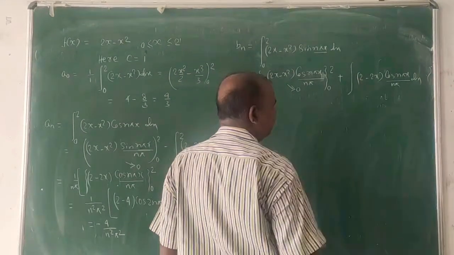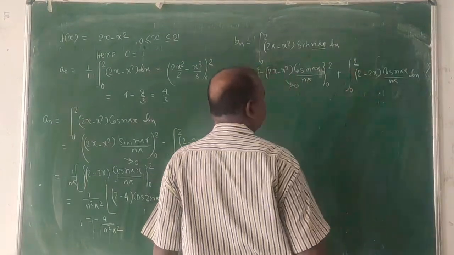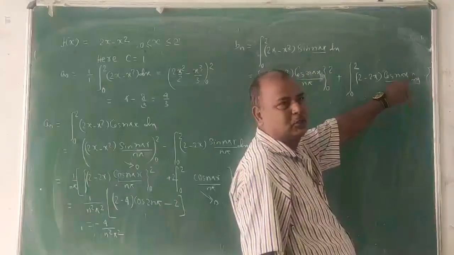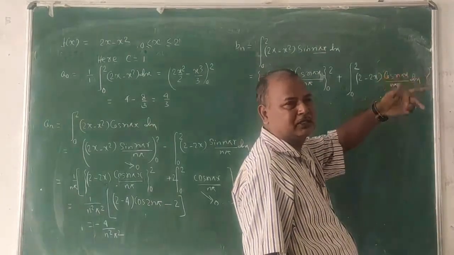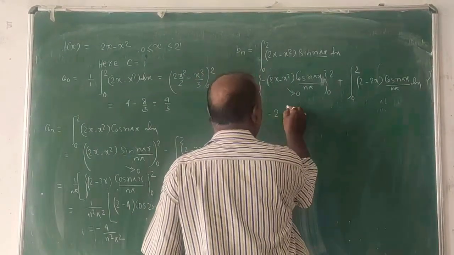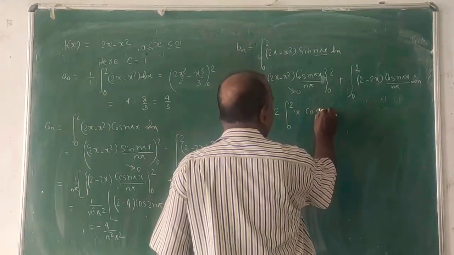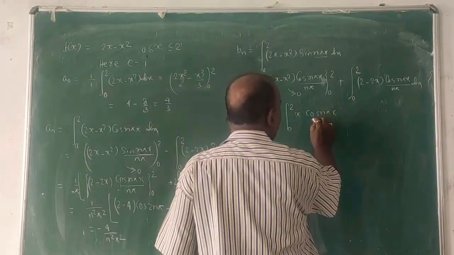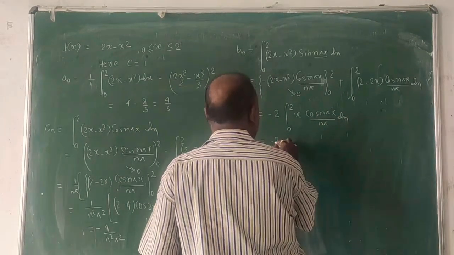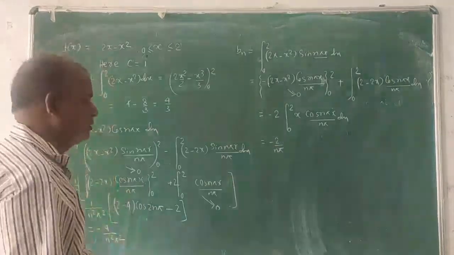Again you integrate this by parts, limit 0 to 2. So the first part is 0, 2 into cos n pi x, 0 to 2, that part is 0 because sin n pi, sin 0 is 0. This becomes minus 2 into the integration of 0 to 2 of x into cos of n pi x into dx. Again integrate by parts.